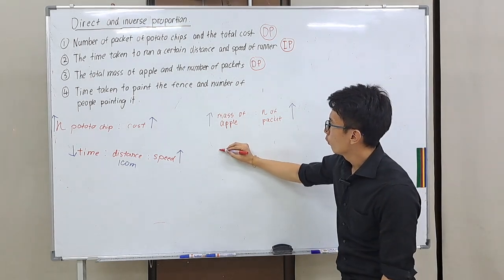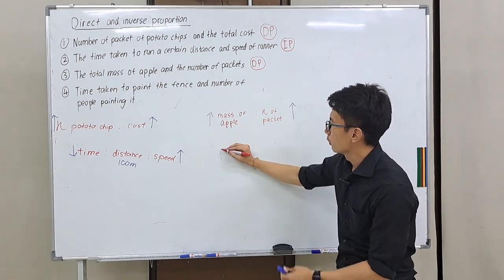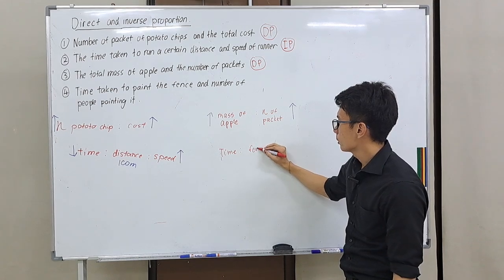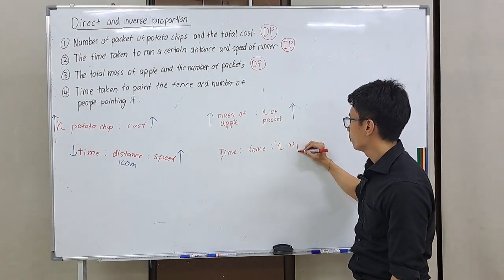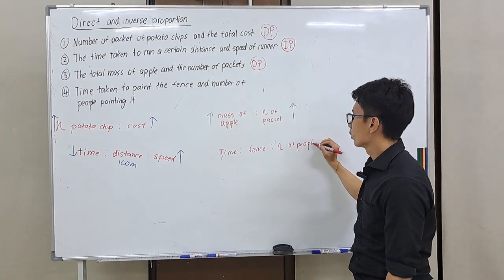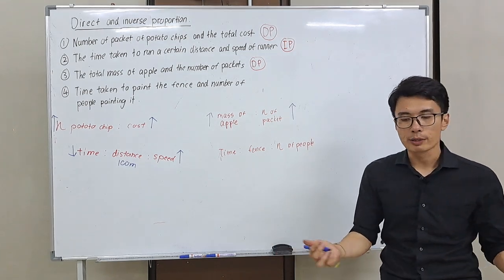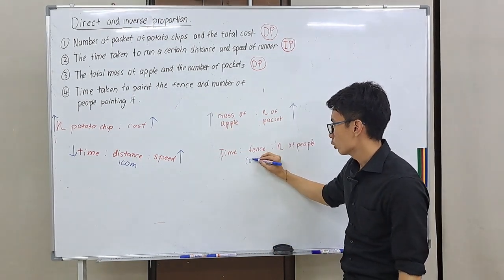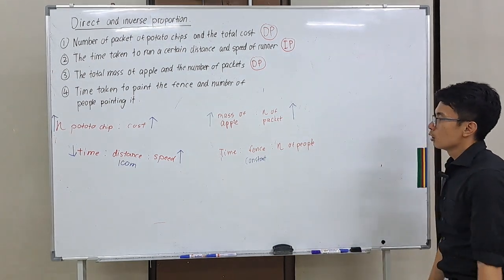So over here, what variables do I have? I have time, I have the fence, and I have the number of people. Now this fence again is going to be my constant, so we are only painting one fence over here, right? So let's take a look.